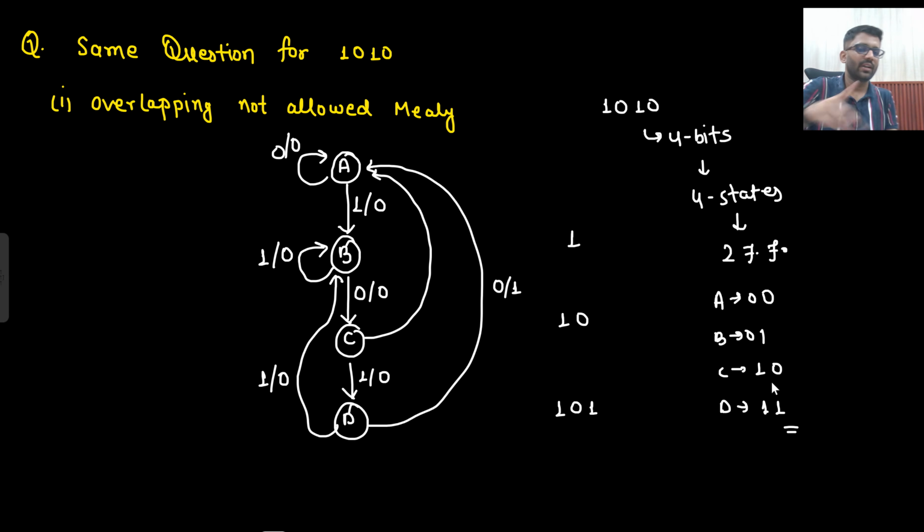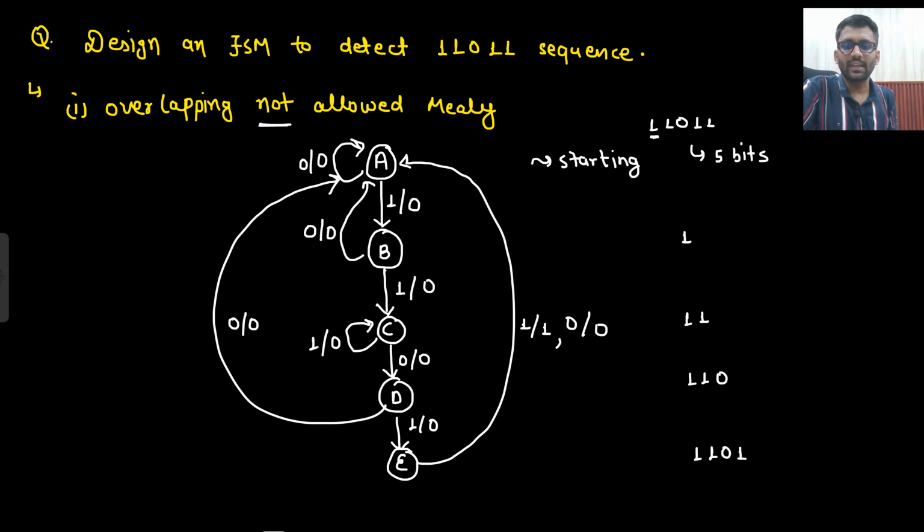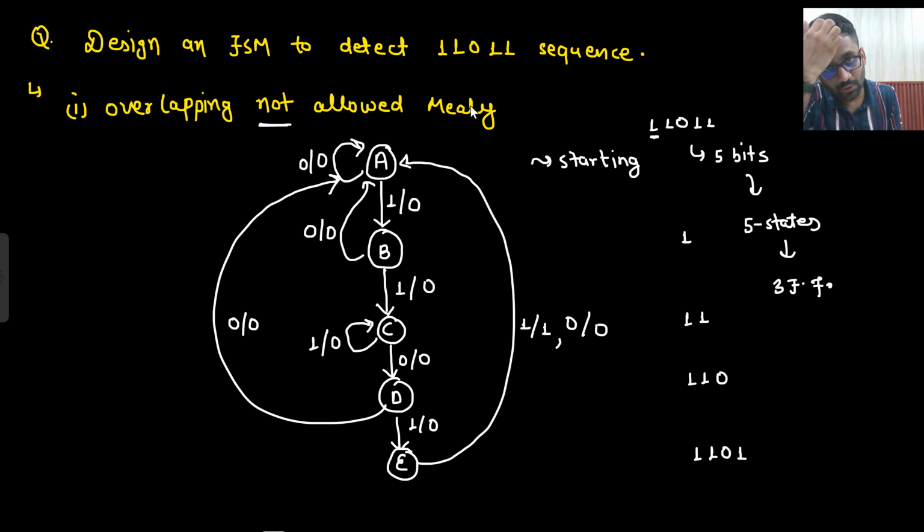In this case, number of bits were 5. That means 5 states were there. 5 states means 3 flip-flops you require. So they can ask you how many flip-flops you will require to detect this particular sequence. In case of Mealy, whether overlapping is allowed or not allowed, this will be the answer.